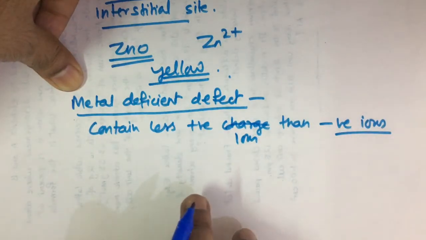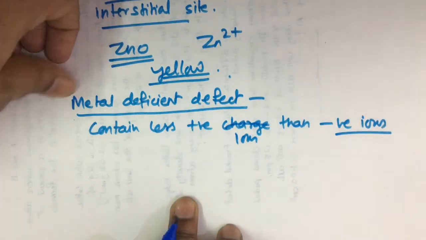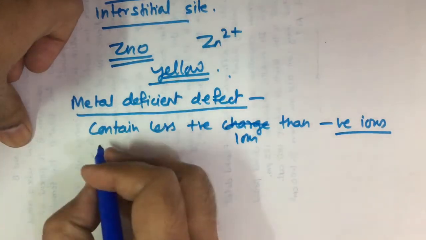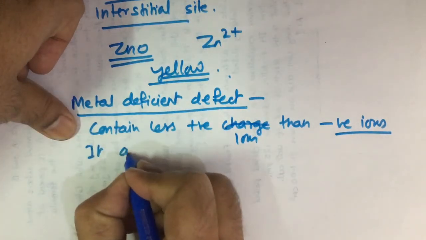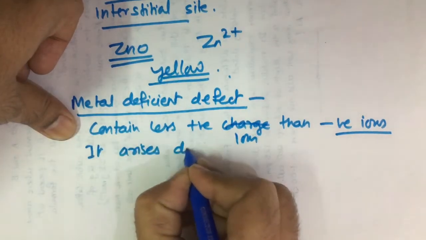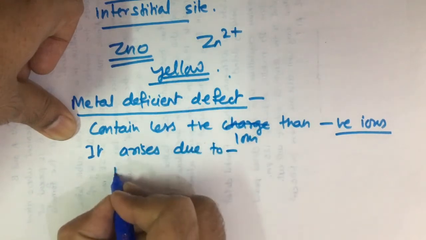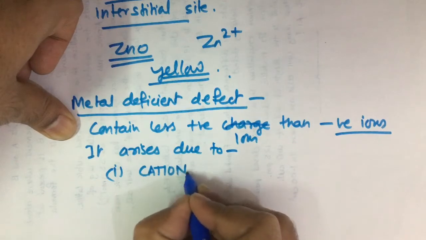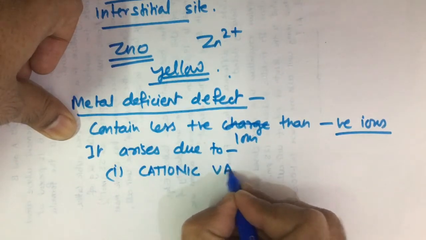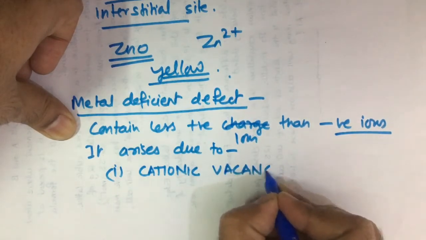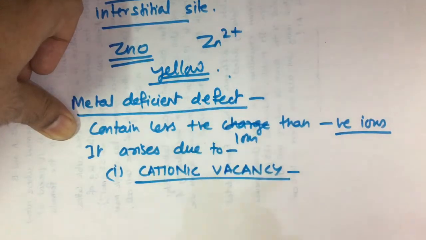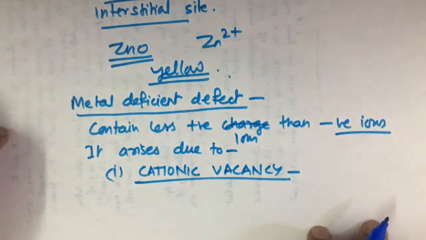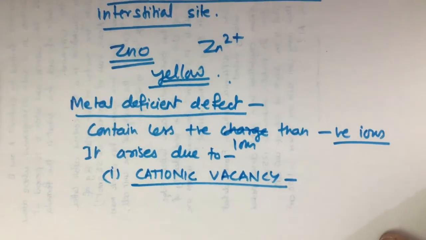So cations are less in number than anions. Now it arises due to, first, cationic vacancy. Cationic vacancy means a cation is missing from its normal site.